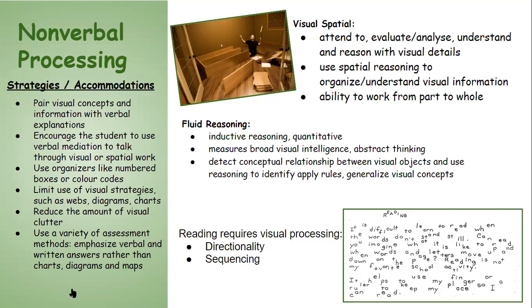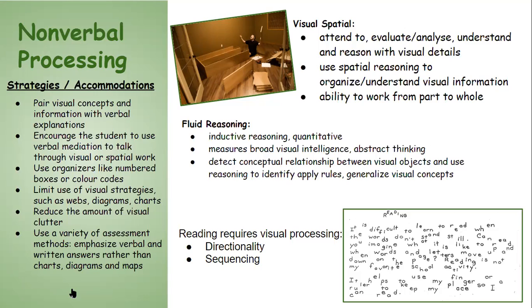The second part of the IQ test that measures nonverbal processing or reasoning is called fluid reasoning. And this is more of a broad visual intelligence. It really looks at that abstract thinking. It requires the student to detect conceptual relationships between visual objects and use reasoning to identify and apply rules and generalize visual concepts.